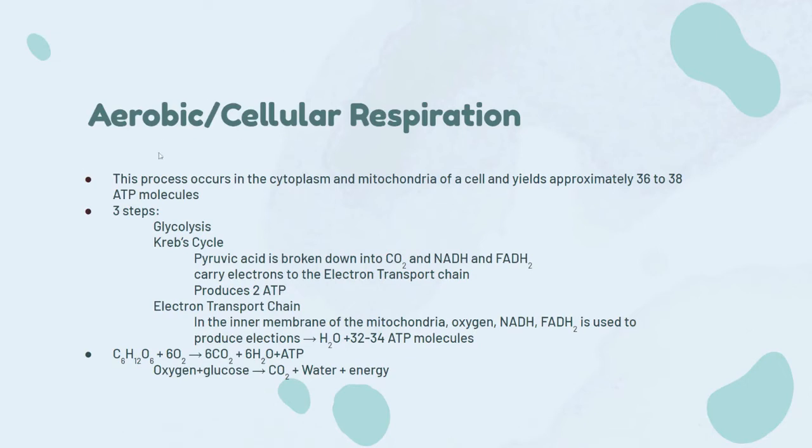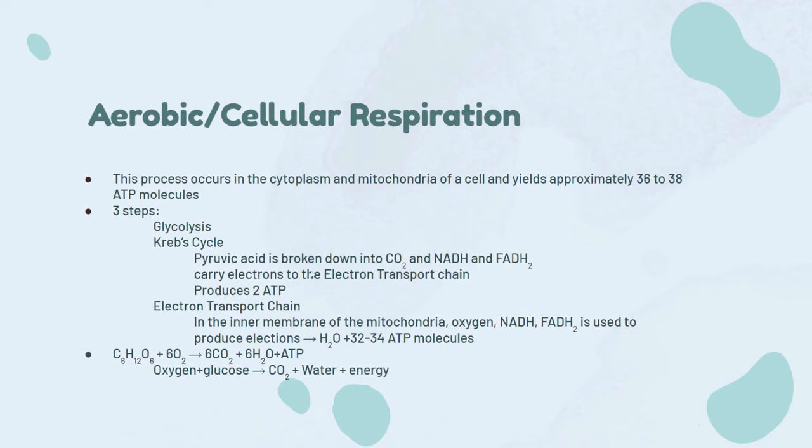Cellular respiration. This process occurs in the cytoplasm and the mitochondria of a cell and yields from 36 to 38 ATP molecules. It consists of 3 steps: glycolysis, which was already done and mentioned before, and the Krebs cycle, along with the electron transport chain.